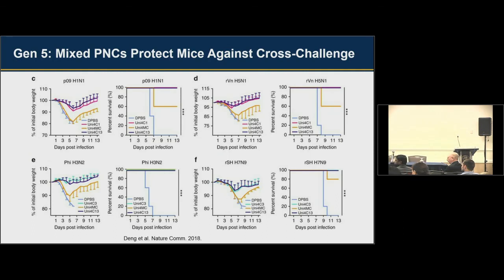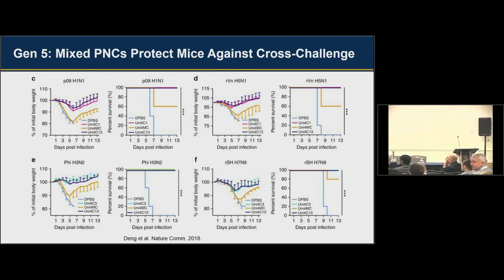This is the last slide of data, and what I just want to show is how we are now really getting protection against cross coverage. We have the H1 data here, body weight and survival, and you can see that the animals that are surviving are the pink and the blue, the animals that have the HA and the M2e.